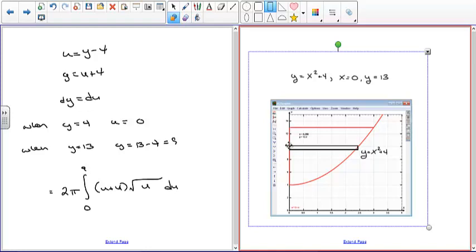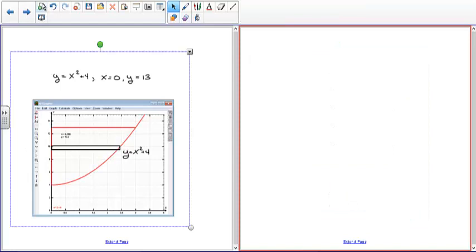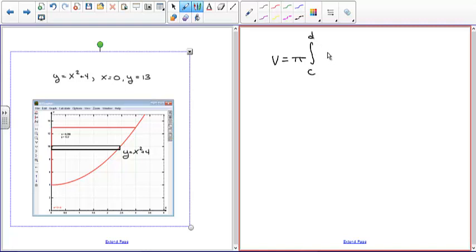So once you know it's the disk method around a vertical axis, you go to your cheat sheet and you say, oh, what's the equation? So the equation would be the volume is equal to pi times the integral from c to d of r of y squared dy. So we only need to know three things here.